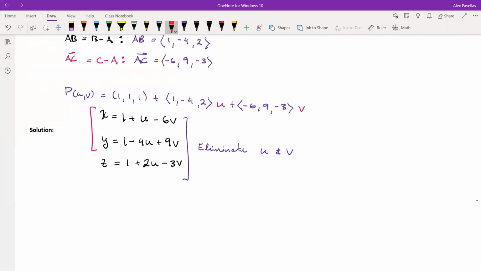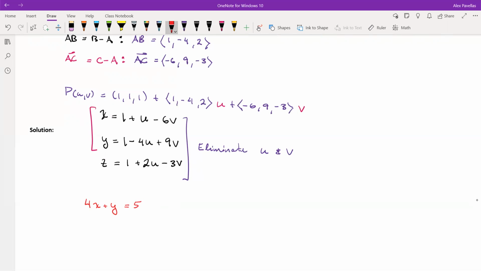I'm going to do something a little bit more clever here to save time. If I want to get rid of the u in these two equations, I could do 4 times x and then add it to y. So 4x plus y is equal to, 4 times 1 plus 1, so that'd be 5. The u's cancel out, right?